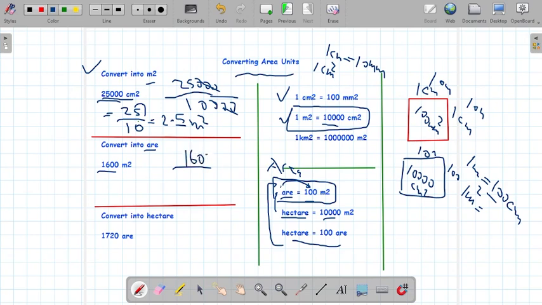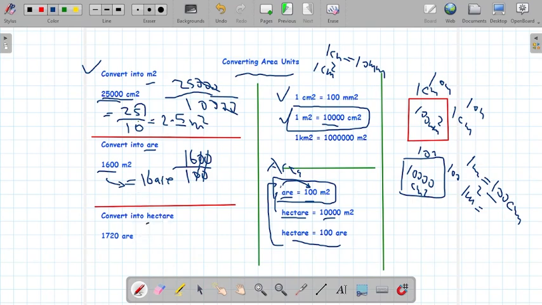The meter square that I have, 1,600, by 100. So I'll remove 1 zero from the bottom, 1 zero from the top, and also another 0 here. So I have 16 over 1. 16 over 1 is equal to what? 16 R. This is the conversion from 1,600. So 1,600 meters square is equal to 16 R.